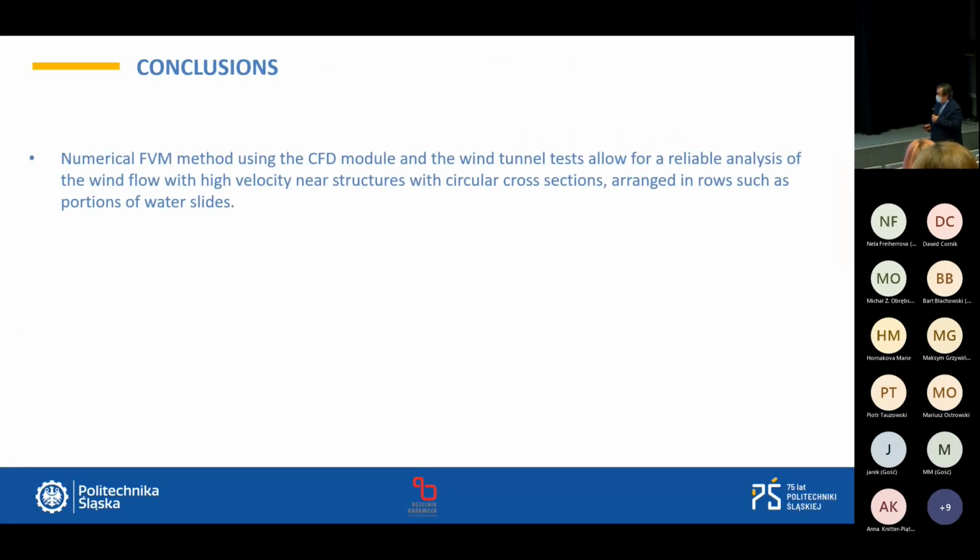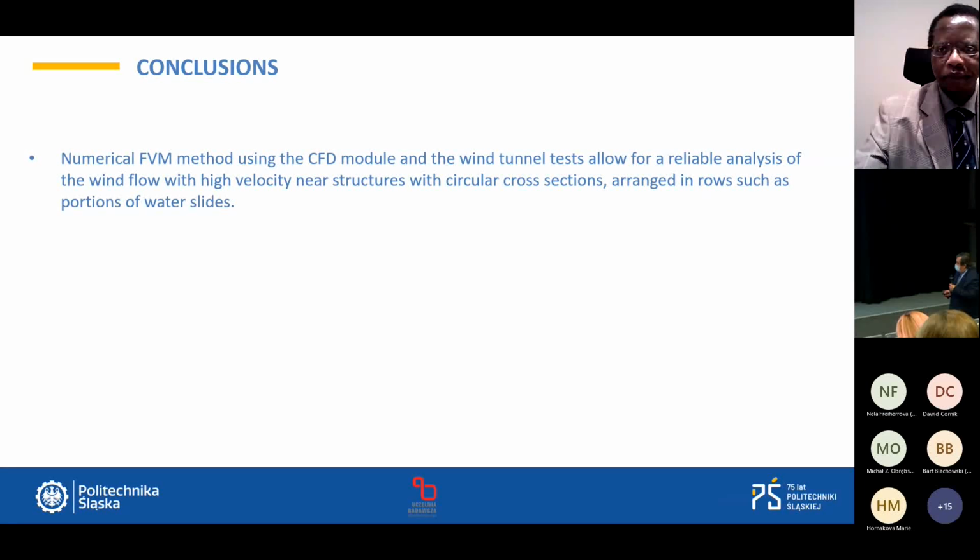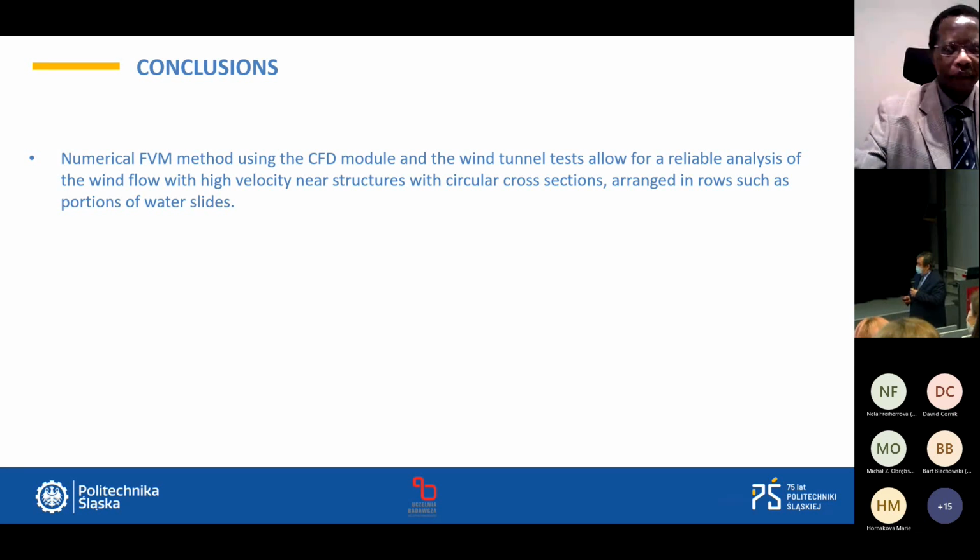The conclusion of the research is as follows: the numerical finite volume method, of course with use of a computational fluid dynamics model, made it possible to make a reliable analysis of the wind flow with high velocity in the structure.